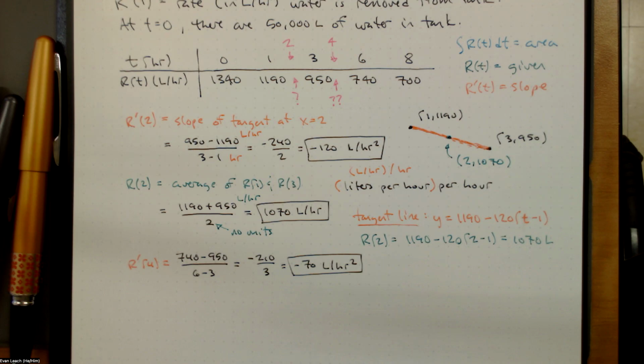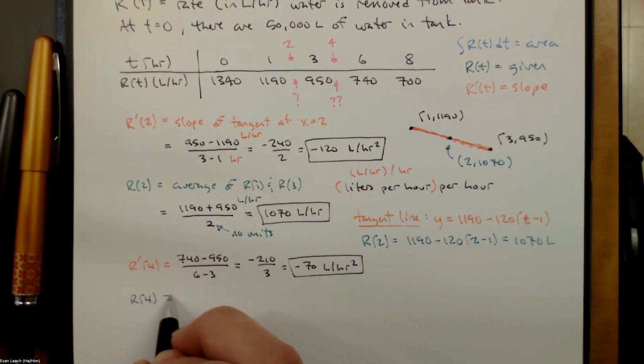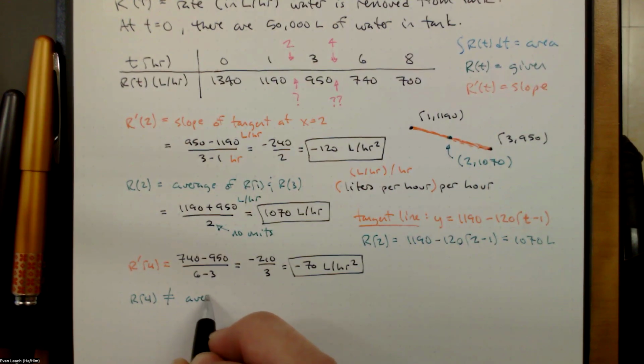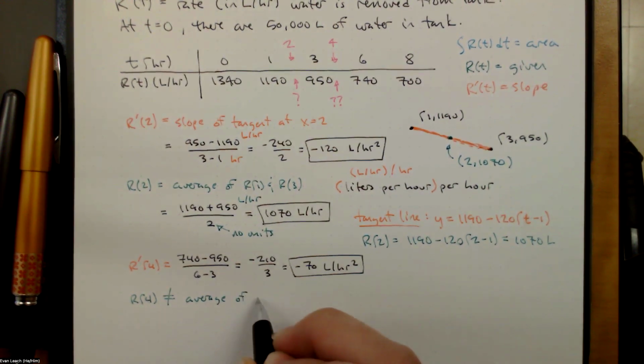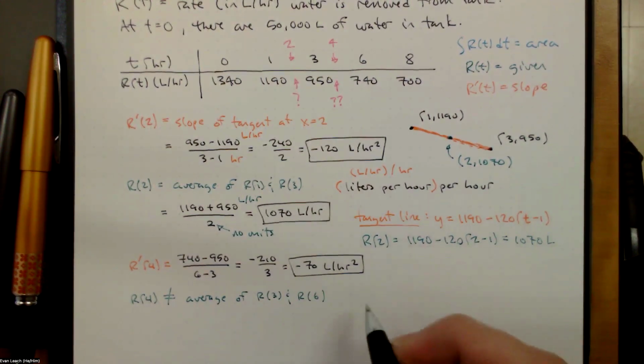The reason we were able to calculate R of 2 using the average of R of 1 and R of 3 is that 2 is halfway between 1 and 3. Notice that 4 is not halfway between 3 and 6. So we don't want an average. We need to go a third of the way through. So notice that R of 4 is not the average of R of 3 and R of 6.